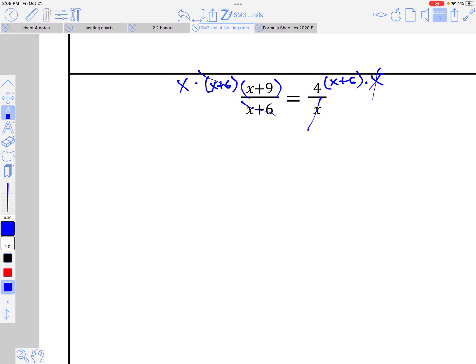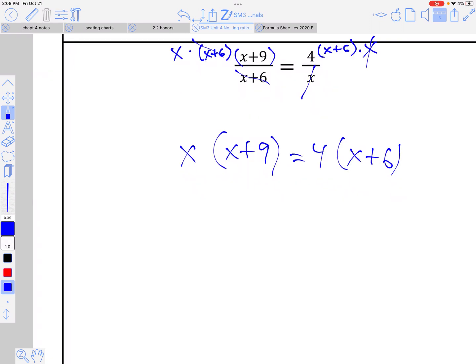So that clears out the x. So then if you look on the left, I'm left with x times x plus 9 equals 4 times x plus 6. And then what I'm going to do is use the distributive property, get x squared plus 9x, equals 4x plus 24.